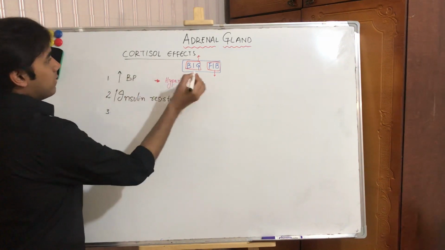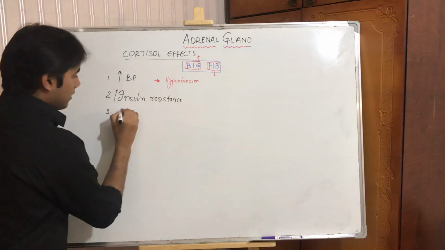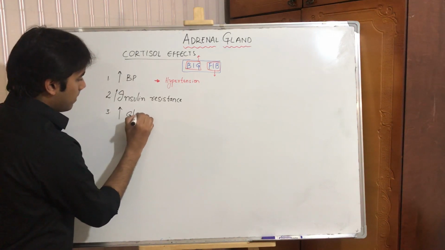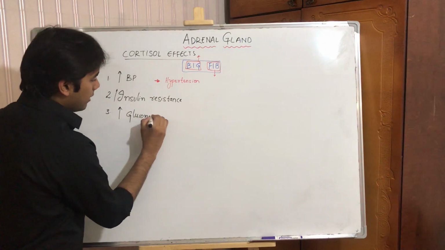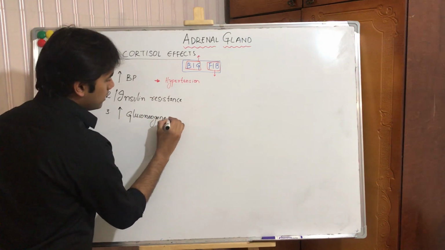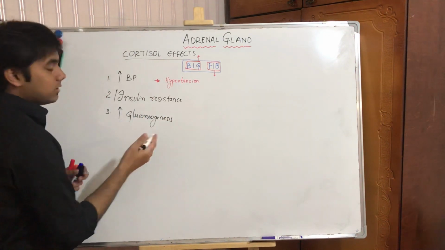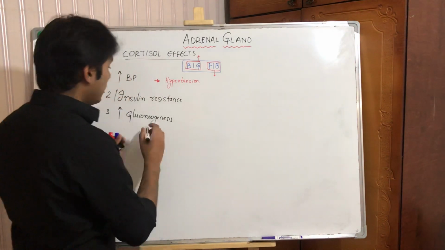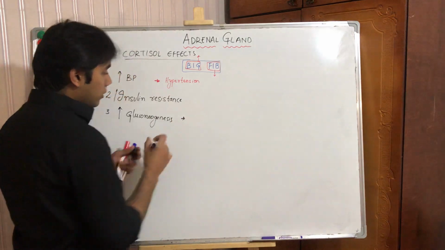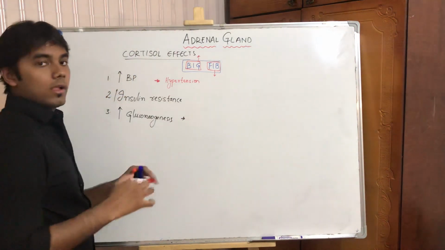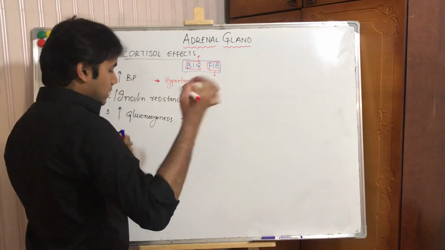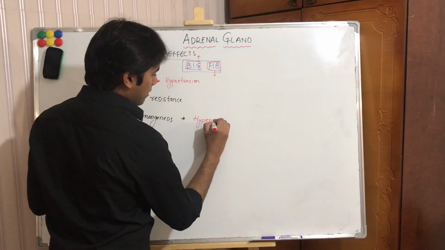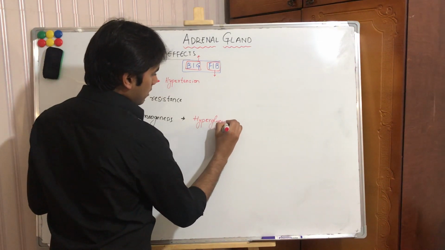Next, third effect, G. G for gluconeogenesis. Increased gluconeogenesis. What does gluconeogenesis mean? You know, formation of new glucose from a non-carbohydrate compound. So when more glucose is formed, what is going to happen? Hyperglycemia.